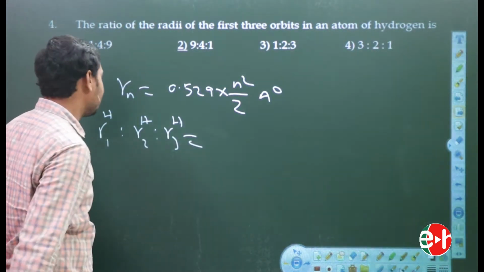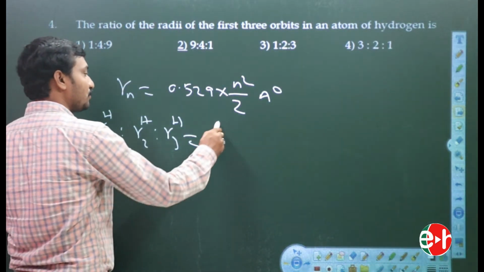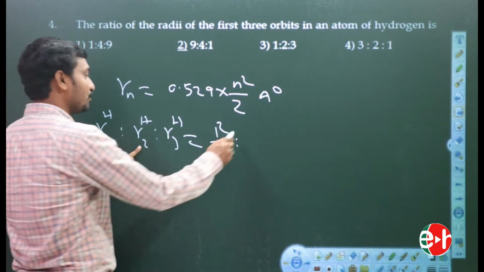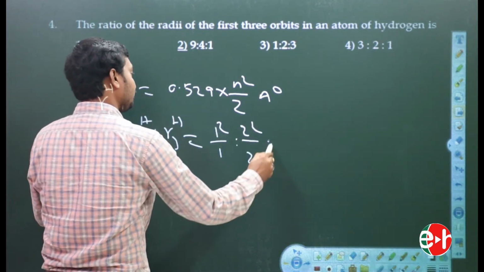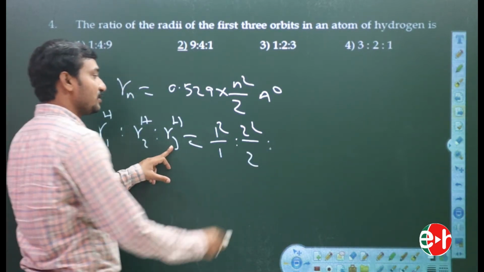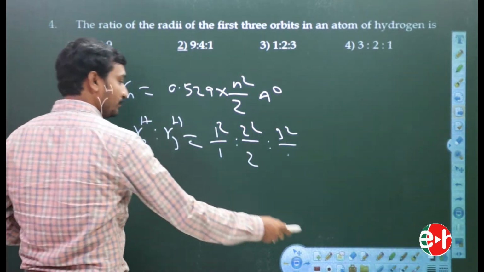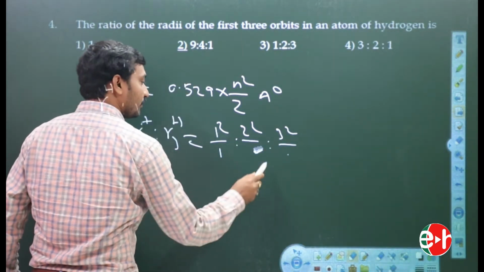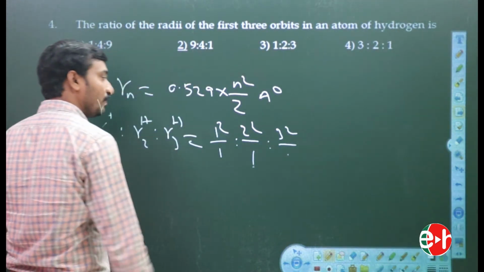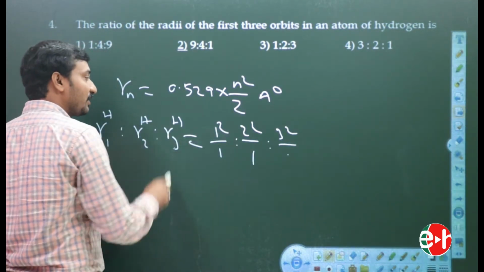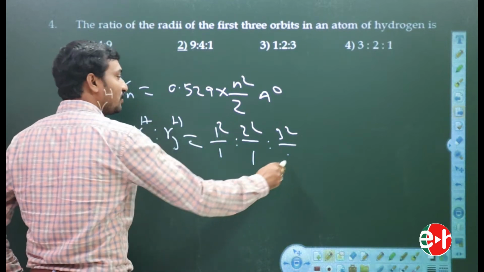Depending upon n square by z, for n value 1 it is 1 square by 1, for n value 2 it is 2 square by 1, and for n value 3 it is 3 square by 1, because the atomic number of hydrogen is 1.